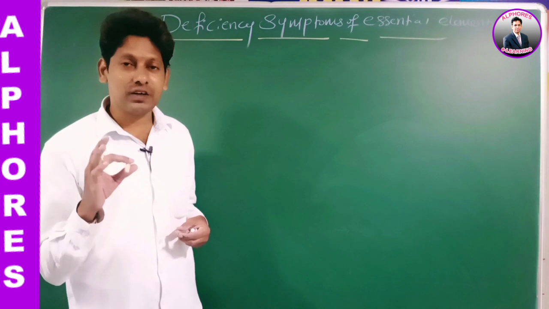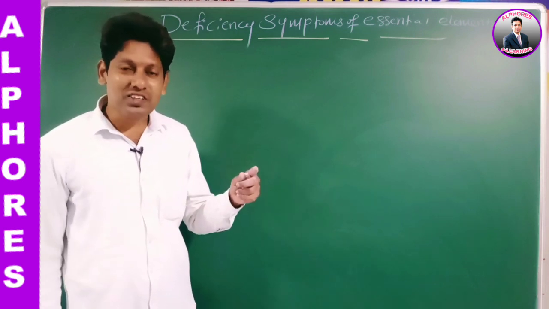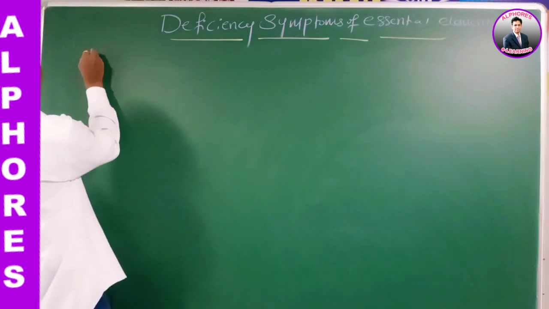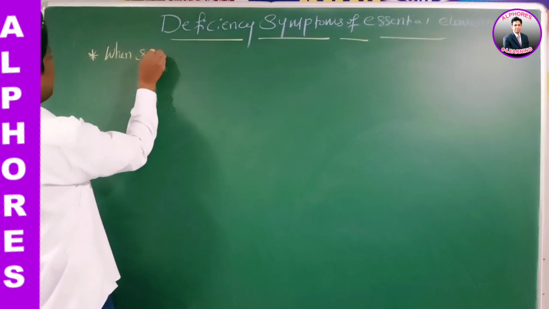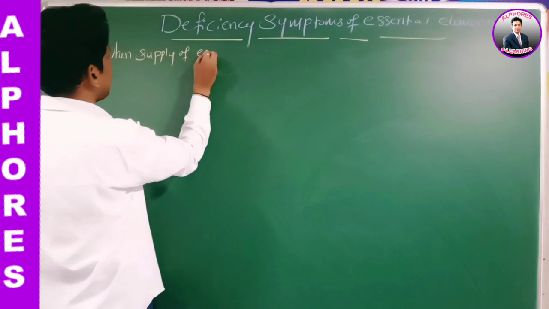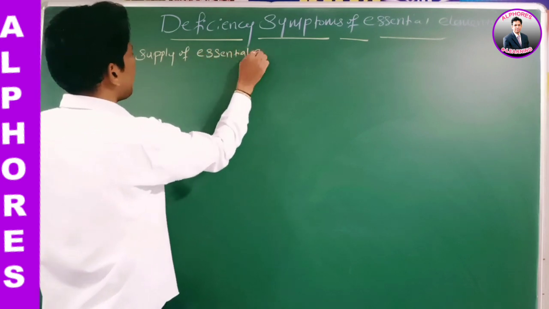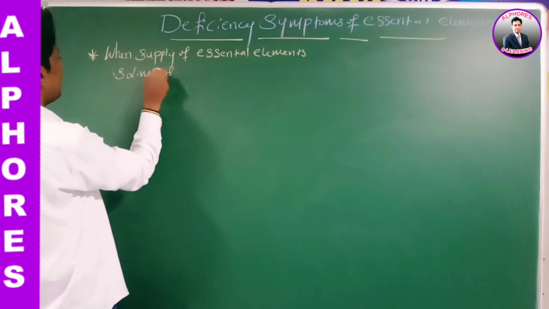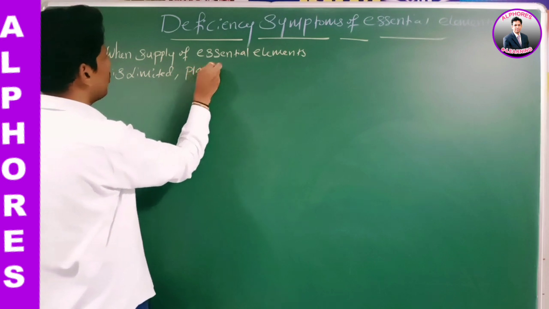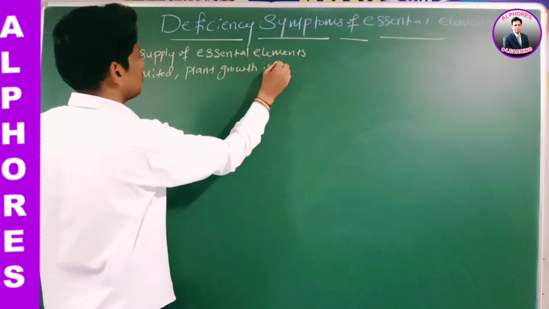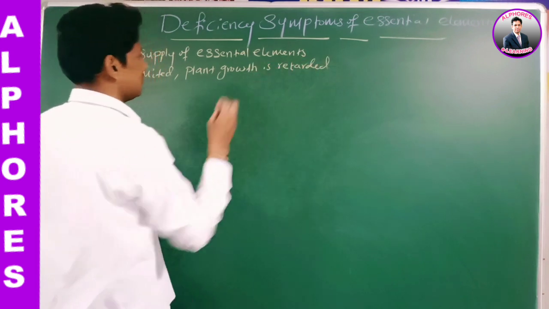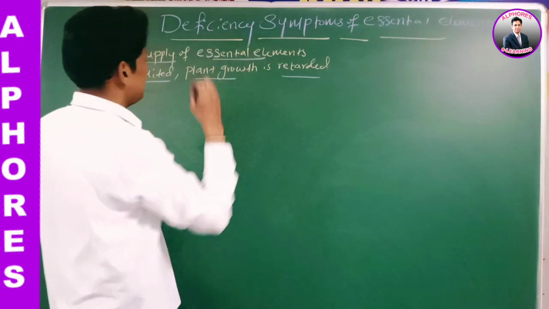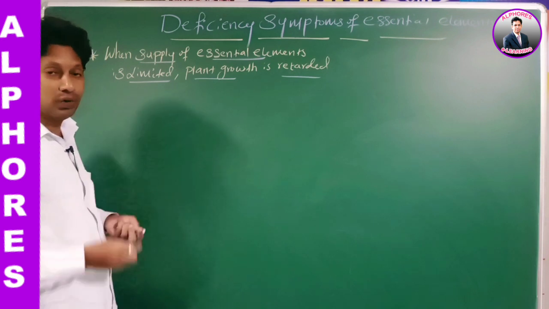So if the supply of essential elements is limited, automatically the plant growth is retarded.